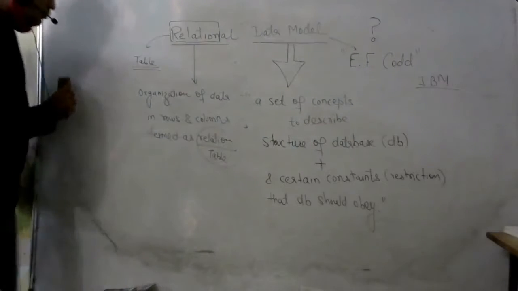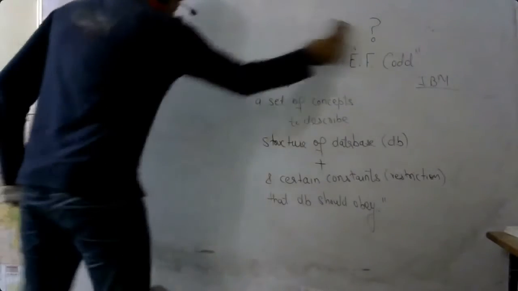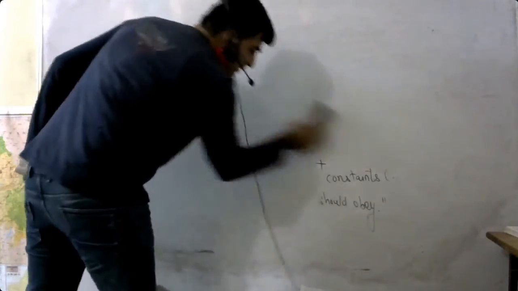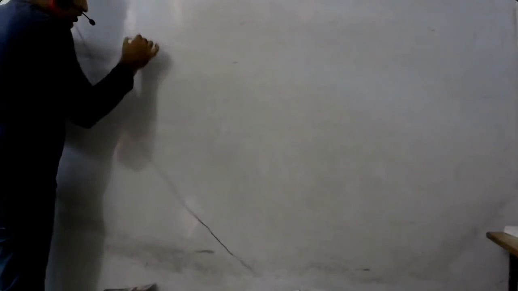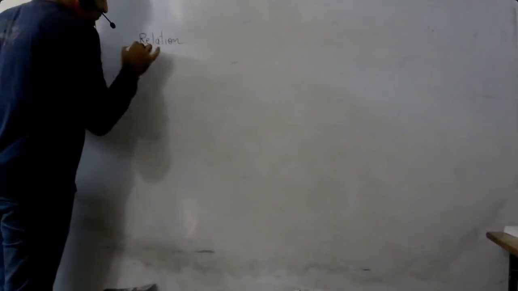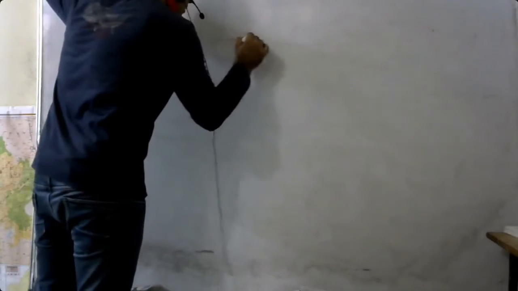So let's move further. Let's move inside the topic, the relational data model. Now, let's do the postmortem of this topic. Very first thing in relational data model, we will talk about relation. Every relation has three components, three main components.